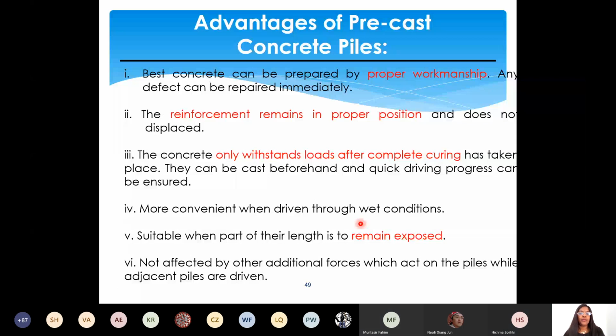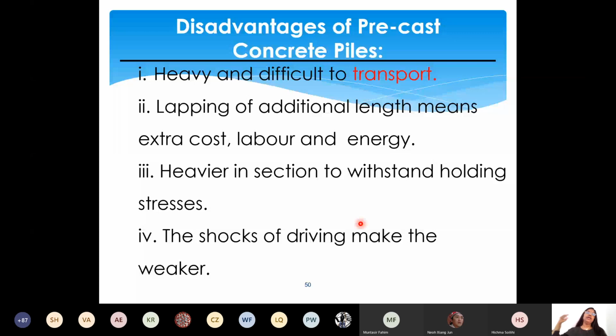Yes. Thank you. Right. Disadvantages, right? Now there are advantages owing to the property and the mode of construction, and next are the disadvantages. Immediately think again about the material: heavy and difficult to transport, right? Sometimes you need to employ machineries, cranes, and then transport charges and logistics are involved.